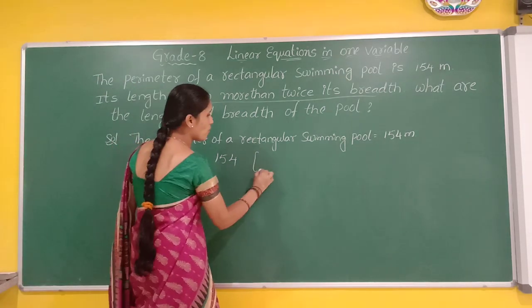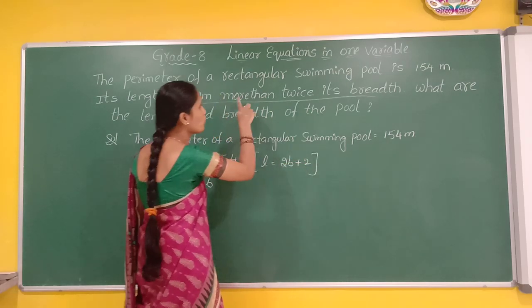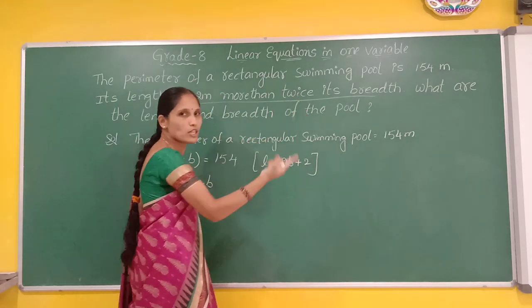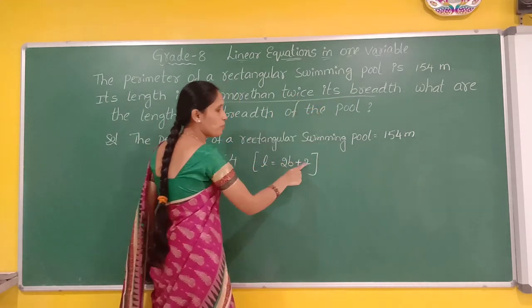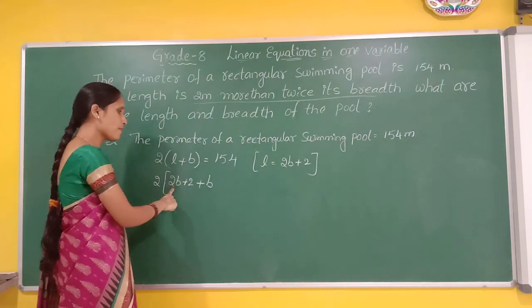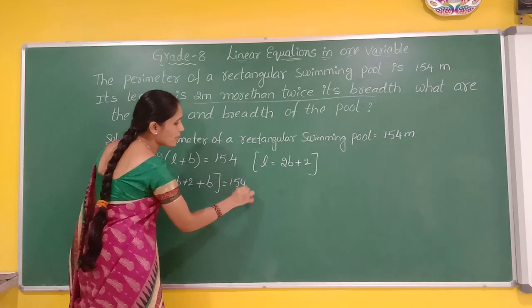The value of length is equal to twice, 2 more than twice. Twice means into 2. Its breadth, 2B plus 2. You understand this? L is equal to 2B plus 2. Okay, that is equal to 154.